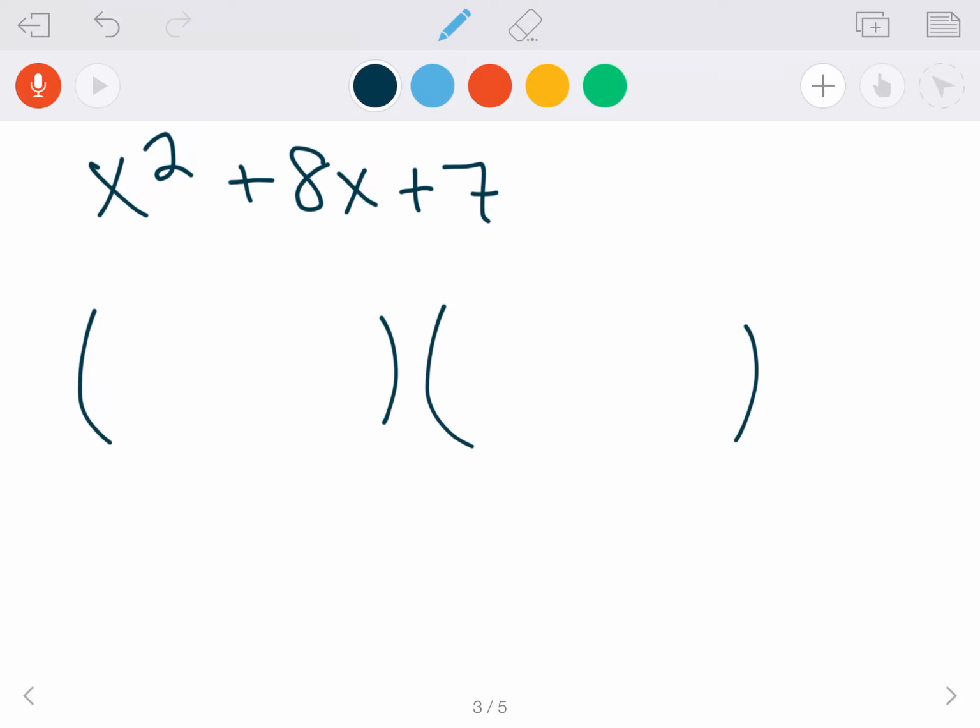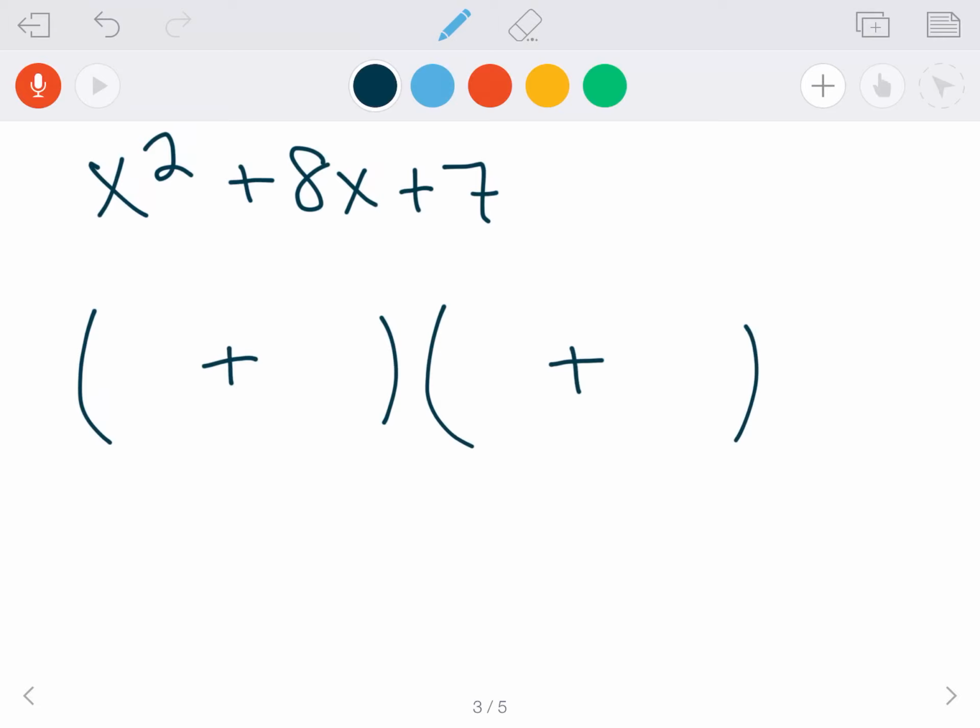And inside each set of parentheses, we are going to have two terms, also known as a binomial. And remember that terms are separated by either addition signs or subtraction signs. Now, as some of you may remember, I prefer to always separate my terms with addition signs, even if that means we end up adding a negative number.